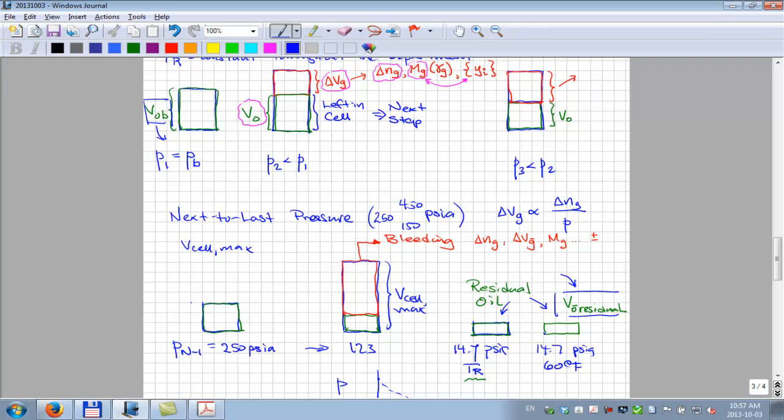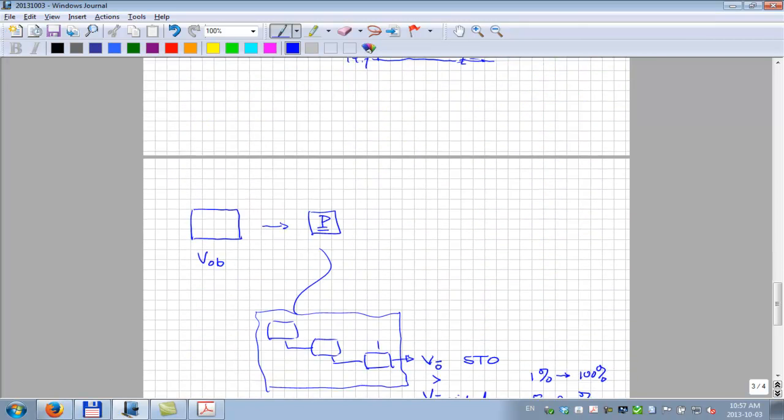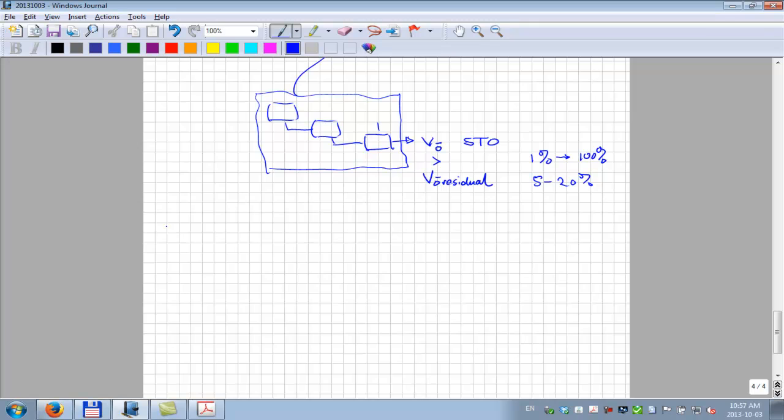But the laboratory report, okay, what the lab reports from the DLE: oil volume, function of pressure, divided by this residual oil volume. So it reports that value. Sometimes it even writes the term BO for that term.